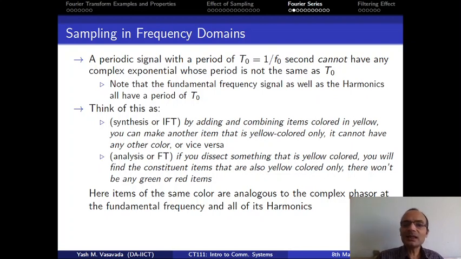You can't get any green or red color, because you are only using yellow colors in the mixing. Alternatively, if you take yellow color and try to find out what it is made up of, you will find that it is made up of other items which are also yellow in color. You can't suddenly have some green thing popping out of something which is entirely yellow. So that is what is going on here.